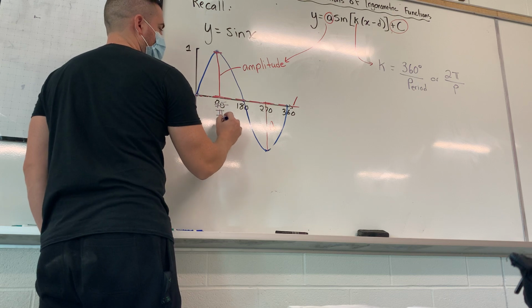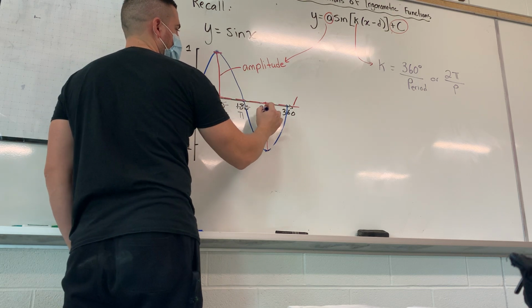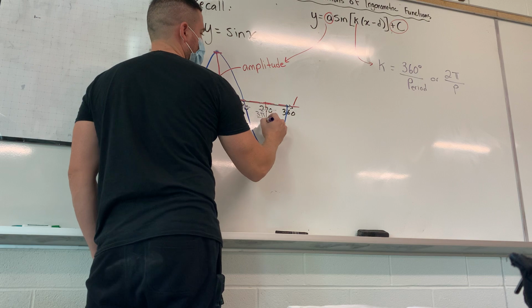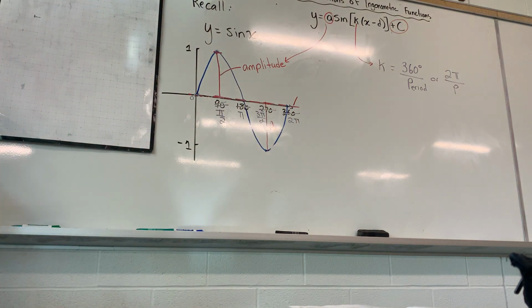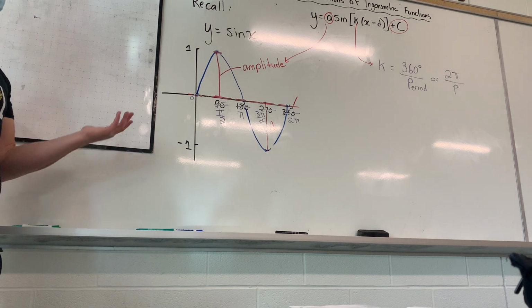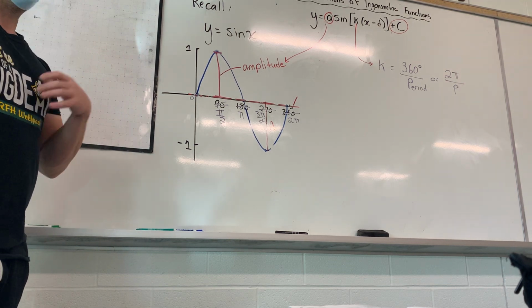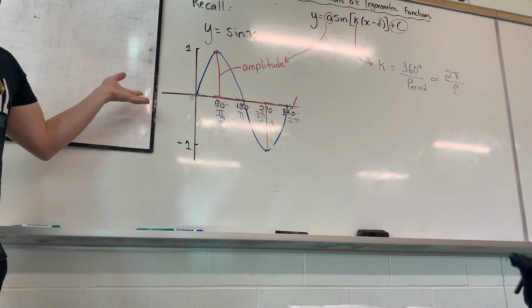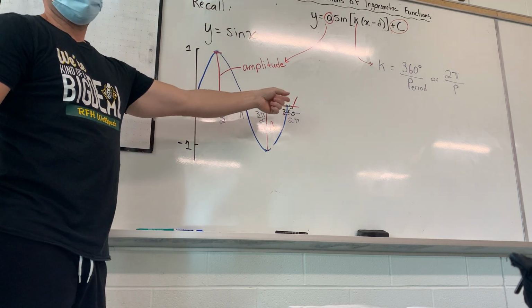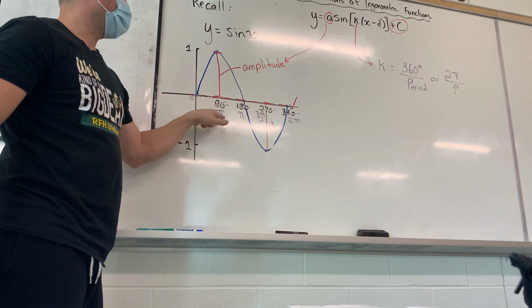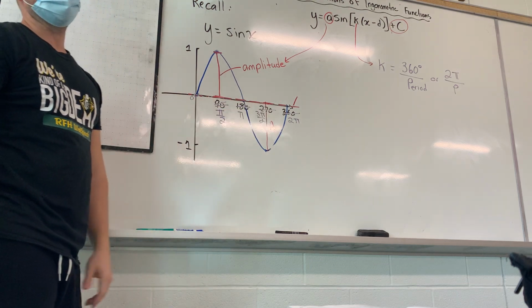So this would be pi over 2. This would be pi. This would be 3 pi over 2. And then this would be 2 pi. Okay, so since we're changing everything from degrees to radians, if I ask you to graph on the test, which I will, you can put degrees at the start if you want to, but then convert them after. Make sure your final answer is in radians.